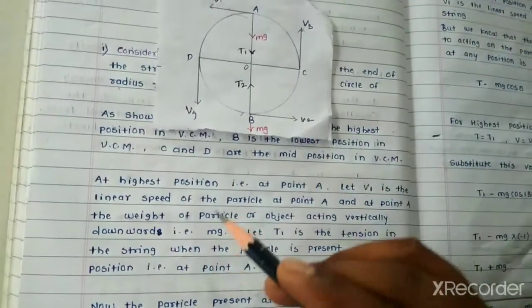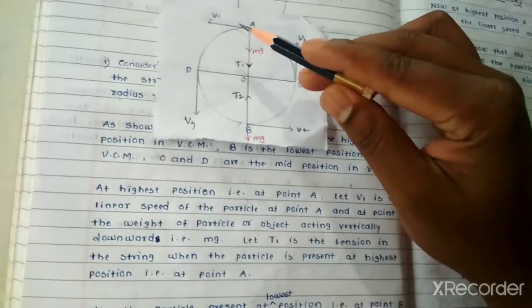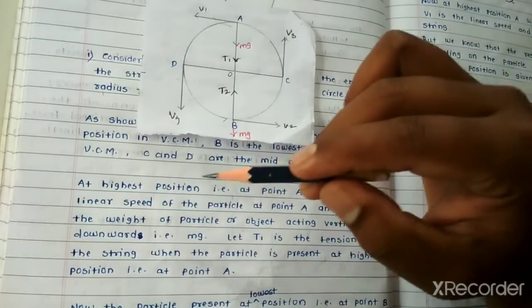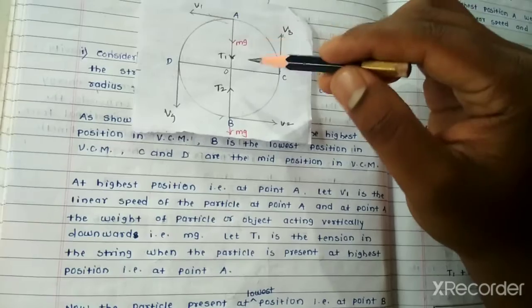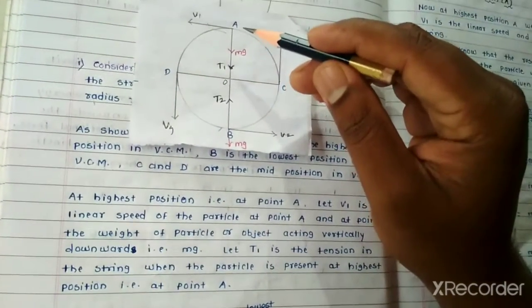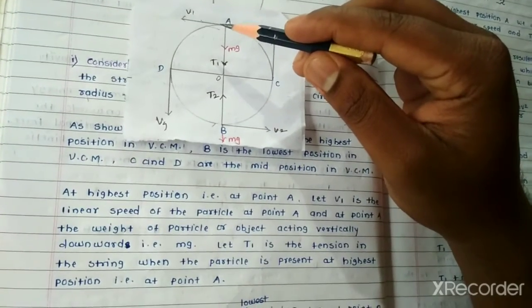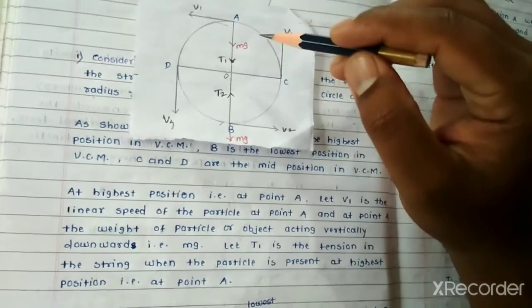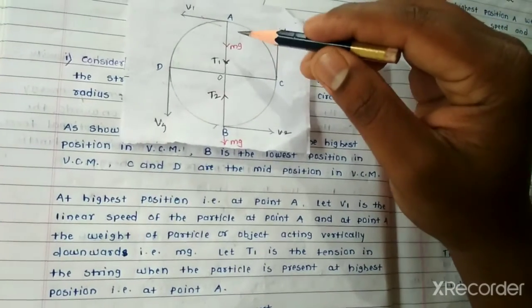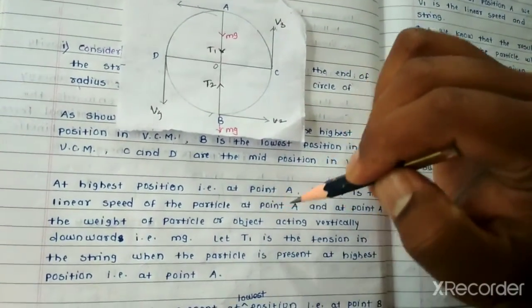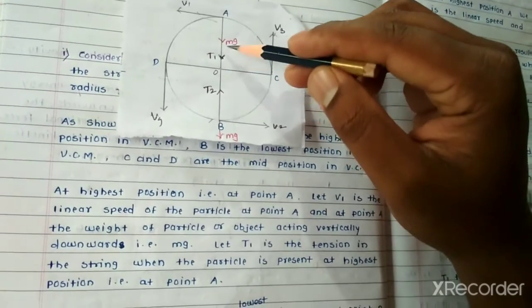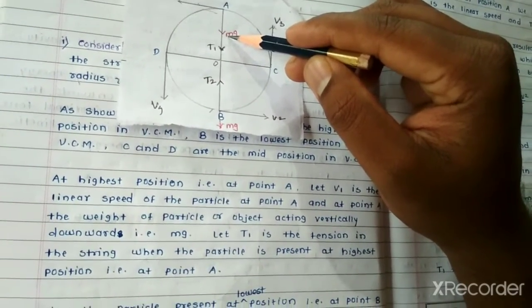So at highest position, that is at point A, let v1 be the linear speed of the particle at point A, and at point A the weight of the particle or object, mg, acts vertically downwards.